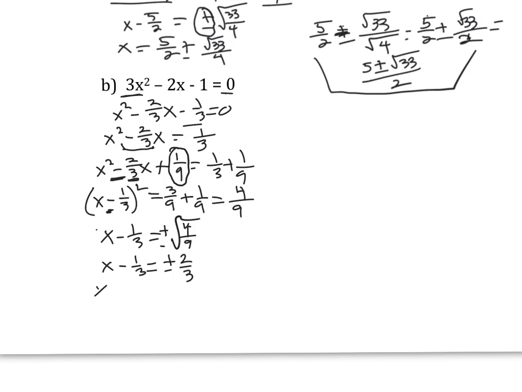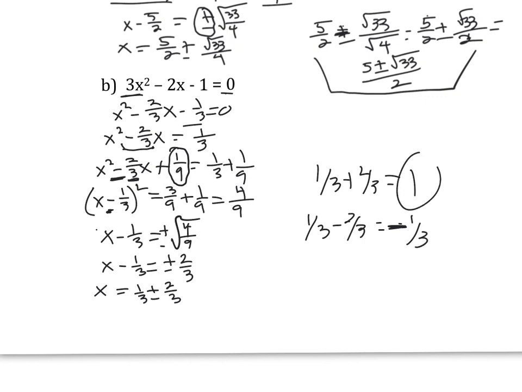Adding the 1/3, we can say x is equal to 1/3 plus or minus 2/3. And so we get 1/3 plus 2/3 is equal to 1. And we get 1/3 minus 2/3 is equal to negative 1 over 3. And so those are our two solutions, 1 and negative 1/3.